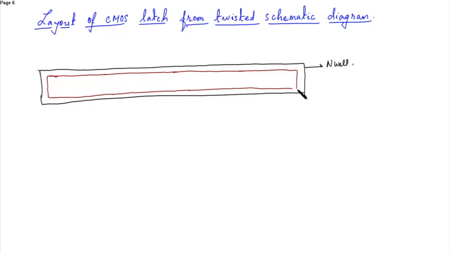Okay, so this is a P diffusion layer. So this was the PMOS. So next we have to construct the NMOS.